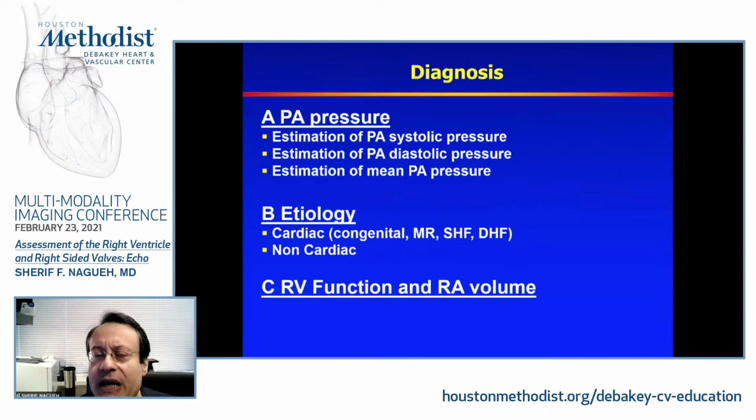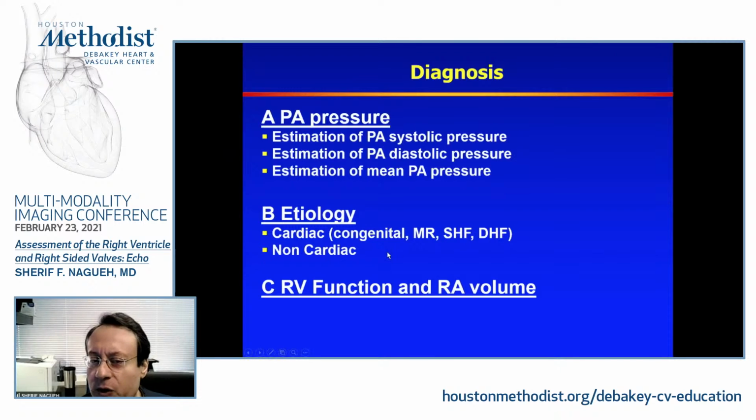If we define the goals of echocardiography in a patient who's referred with the diagnosis of pulmonary hypertension, we can say these goals fall under 3 big titles. The first one is the estimation of PA pressure, and we'll talk about how we can estimate all these components. Secondly, you want to provide clues to the referring physician whether this is a cardiac case of pulmonary hypertension or a non-cardiac etiology.